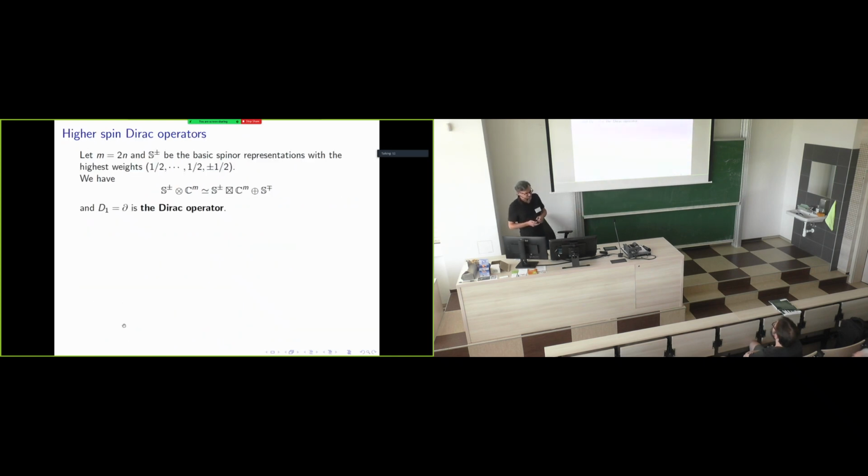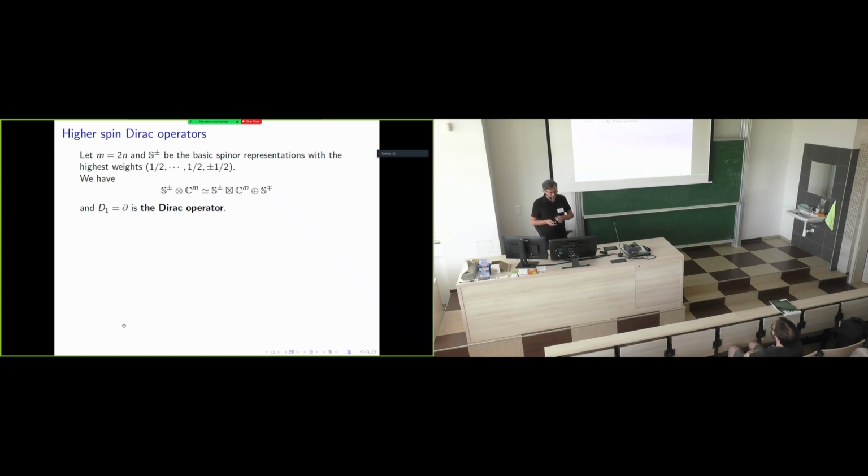Examples of Stein-Weiss gradients are the Dirac operator itself and higher spin Dirac operators. Let, for simplicity, assume that our dimension m is even. Then we have two basic spinor representations, S plus and S minus, with the highest weights with all terms 1/2, and with the last term plus or minus 1/2.